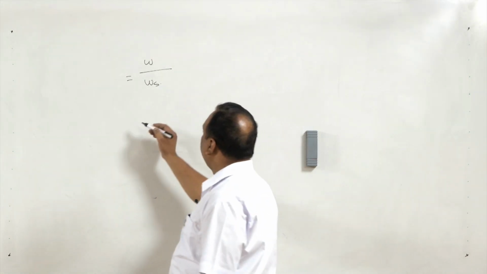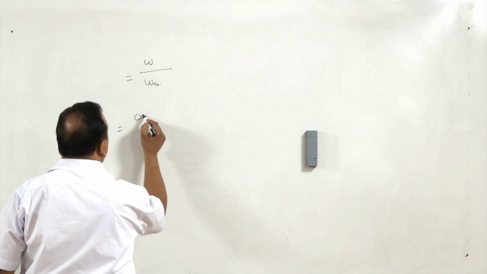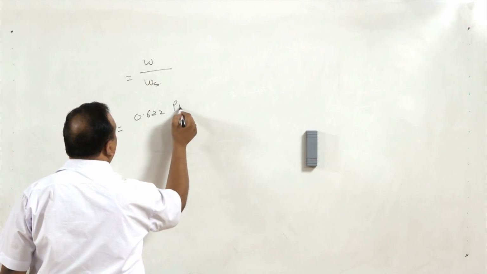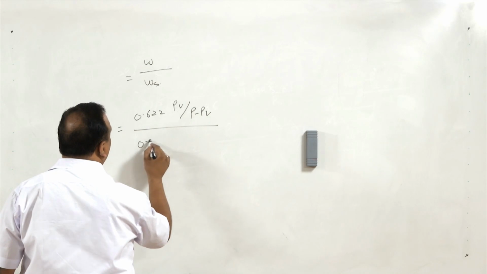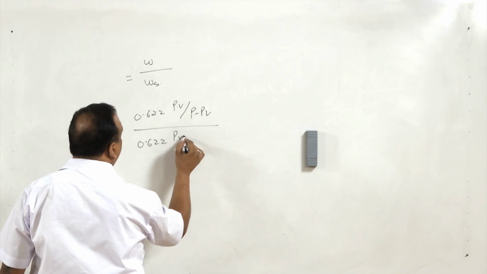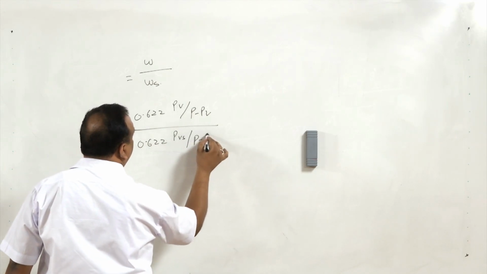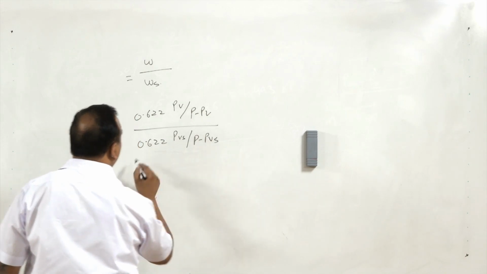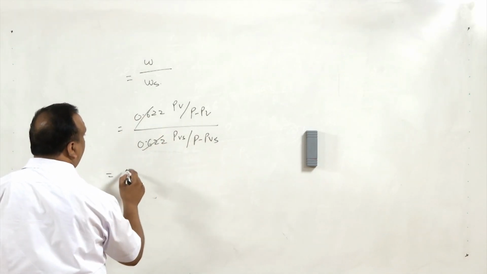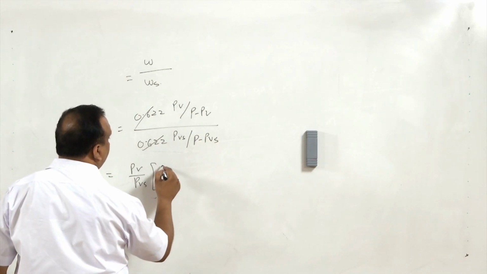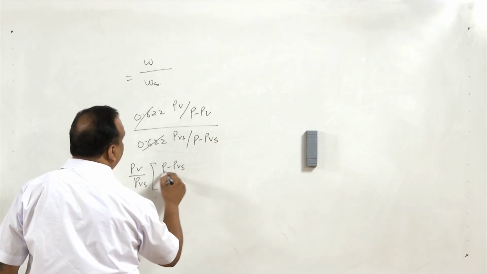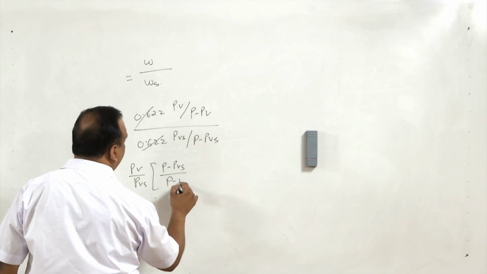So, if we take specific humidity of air 0.622 PV divided by P minus PV and specific humidity of the air when it is saturated, that is PVS divided by P minus PVS, then we are going to have PV by PVS, times P minus PVS over P minus PV.